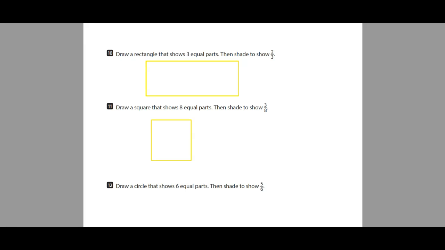So for 3 equal parts, I'm only going to use 2 lines. Look. For 8 equal parts, I'm going to use 7 lines. 1, 2, 3, 4, 5, 6, then 7. Just make it. It doesn't have to be perfect.